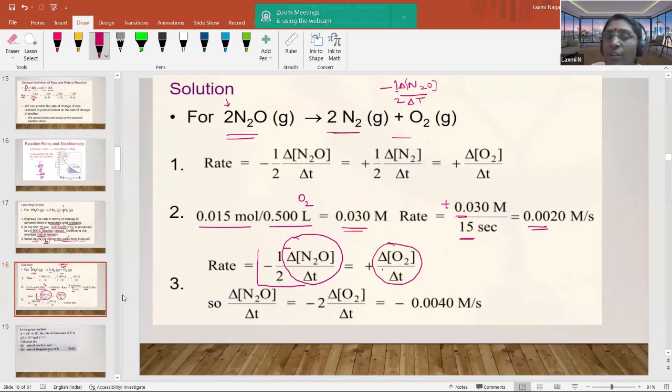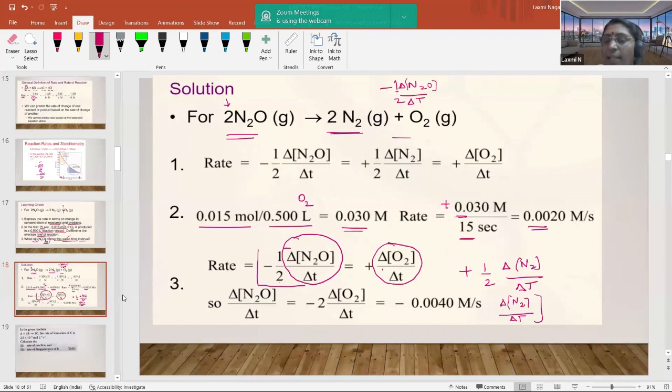Rate of production of N2 will become plus 1 by 2 times del N2 concentration by del T. Whereas this is the rate of reaction, only the rate of production of N2 would be the change in the concentration of N2 in the given time period.